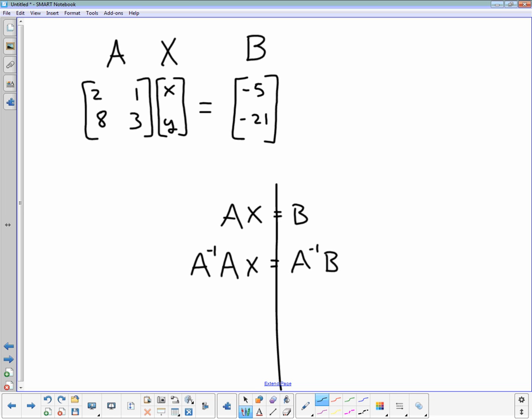And what happens to here is this guy becomes I. Now, you're not going to have to do this, but you do need to understand what's happening. Okay? So let's figure out what the heck this A inverse actually is.